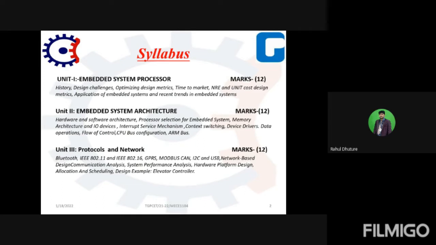Your examination pattern is 60 and 40. 60 marks on the end semester examination, and 40 marks is your assessment, for example class test 1, CT1, CT2, and the class assessment. CT1 and CT2 are 15 marks each, total 30 marks, and 10 marks is your class assessment or teacher assessment.